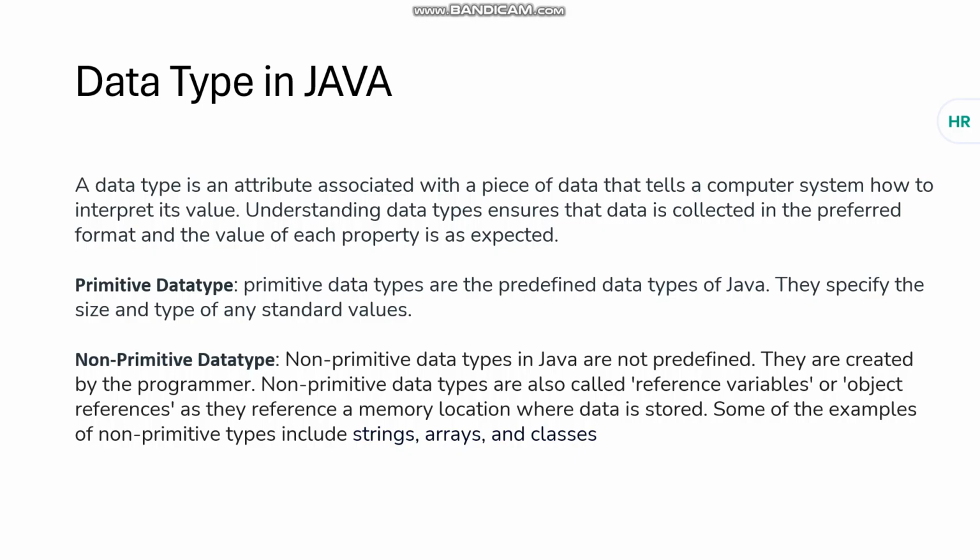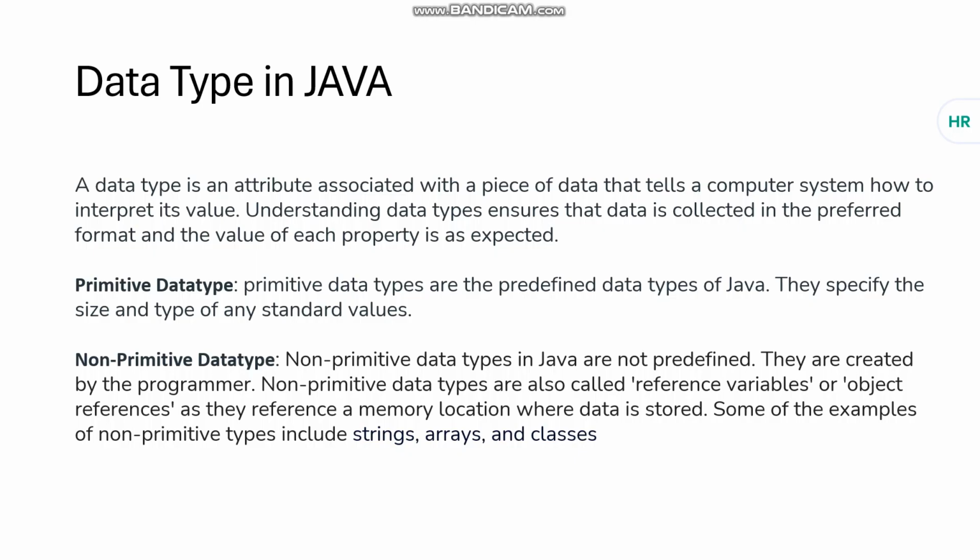Non-primitive data types we can also call reference types, object types, or class types. For example, the non-primitive data types in Java are string, arrays, classes, and interfaces. So we call the non-primitive data type an object or class type.